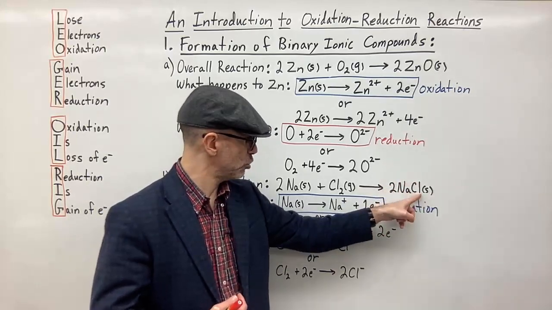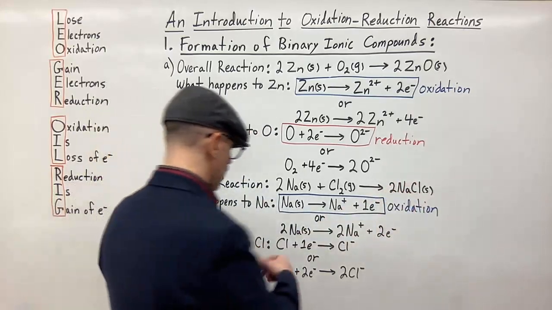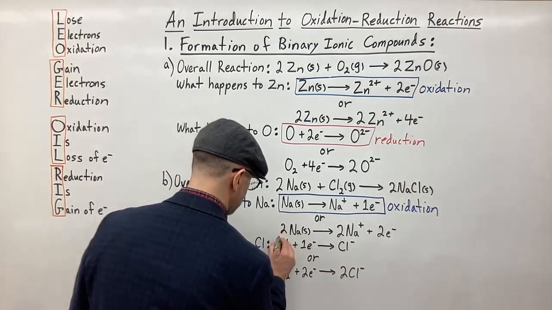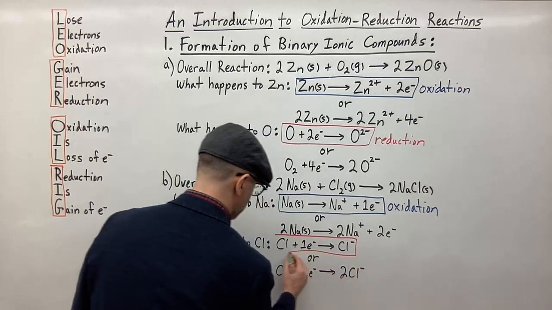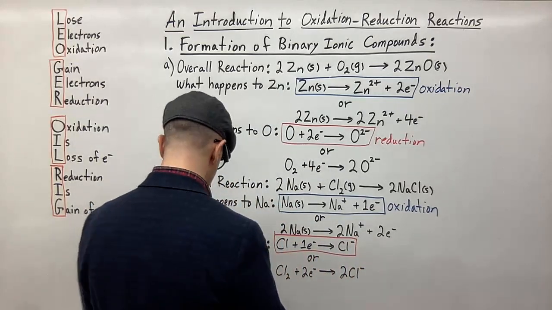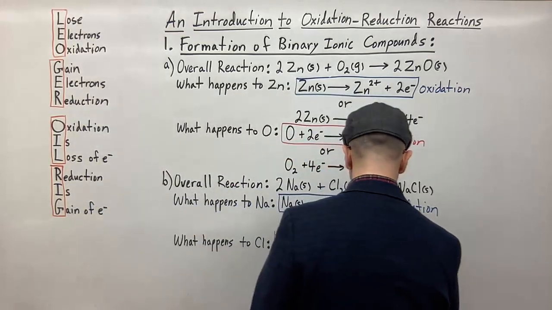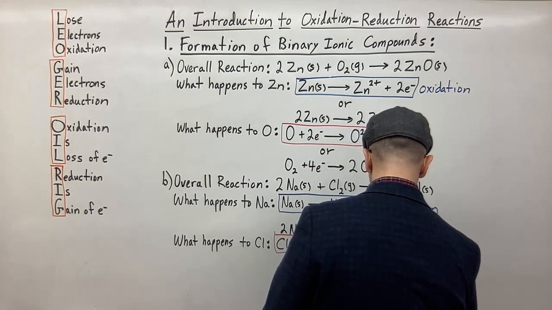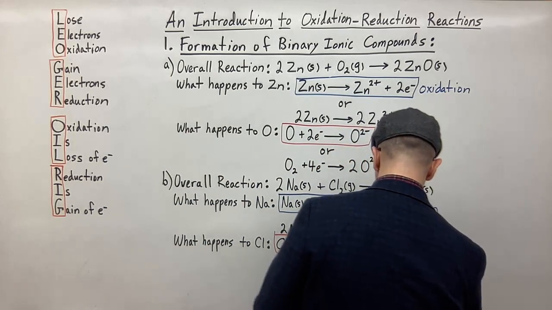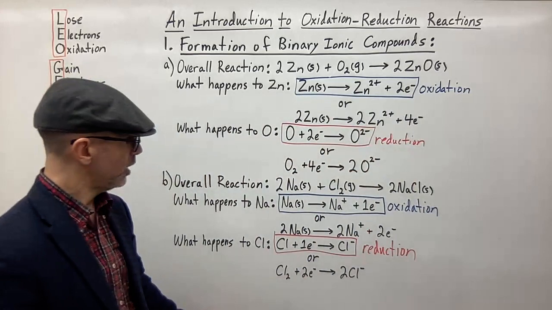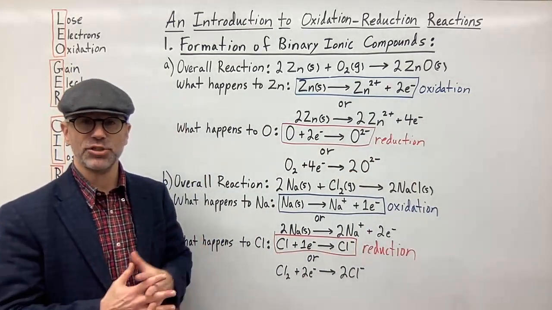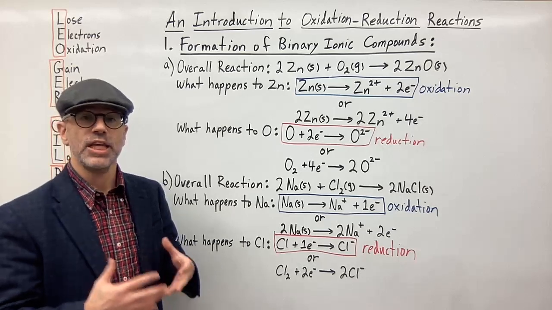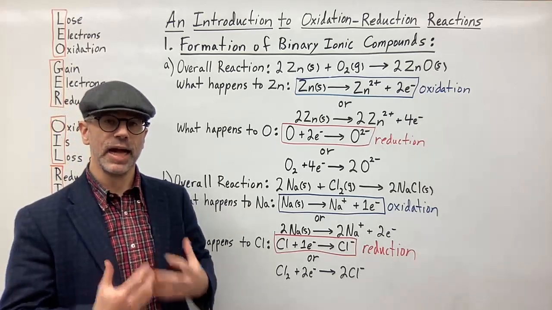So again, the chlorine is undergoing reduction, so gaining electrons. So this is reduction. And so that, ladies and gentlemen, is an introduction to oxidation-reduction reactions in the formation of binary ionic compounds.